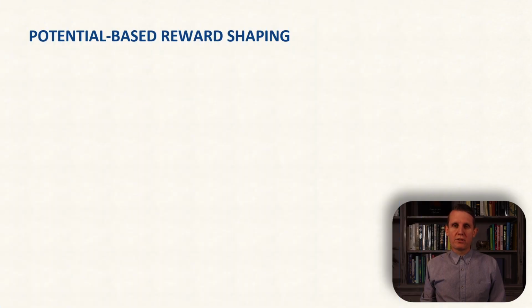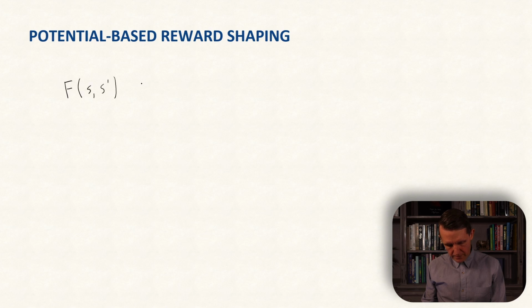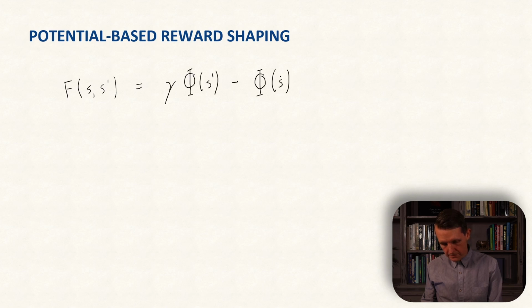Potential-based reward shaping is a type of reward shaping that gives us good theoretical guarantees. In potential-based reward shaping, our function F is of this form, where we call phi the potential function and phi of S the potential of state S. Instead of defining the function F, we define phi, the potential function.